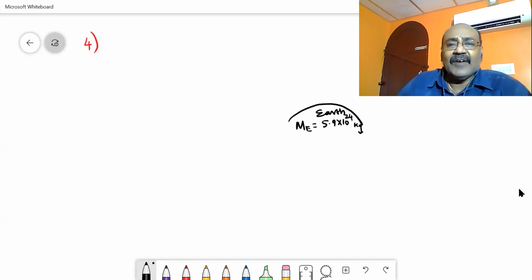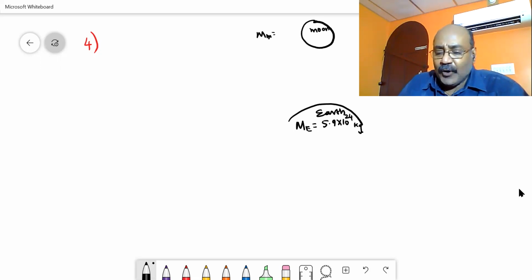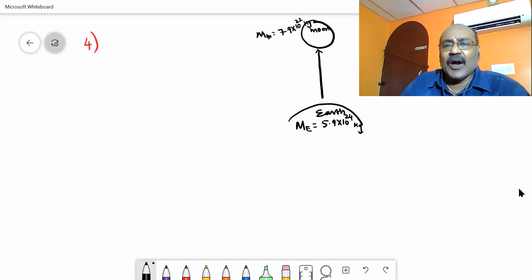Then they have considered the moon, and the mass of the moon is given as 7.9 into 10 power 22 kilogram. They are separated by a large distance. The distance is not given. Let us consider that distance as r.